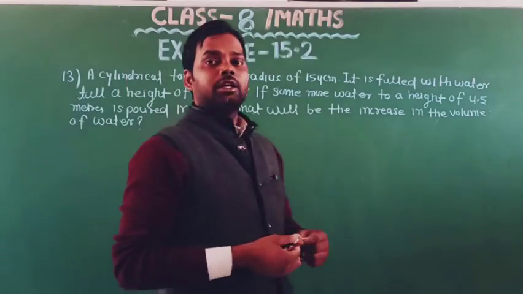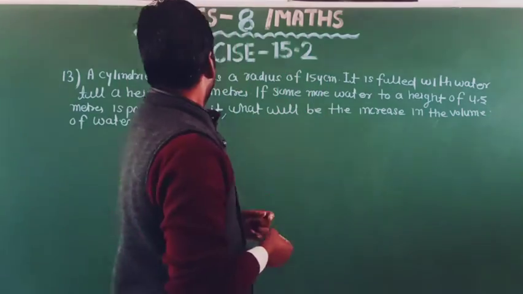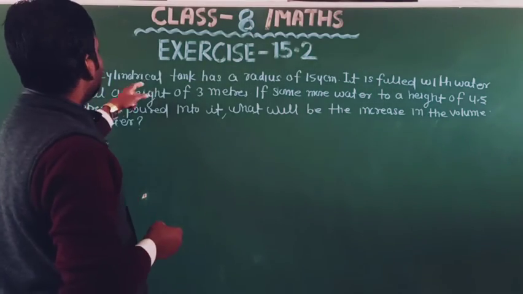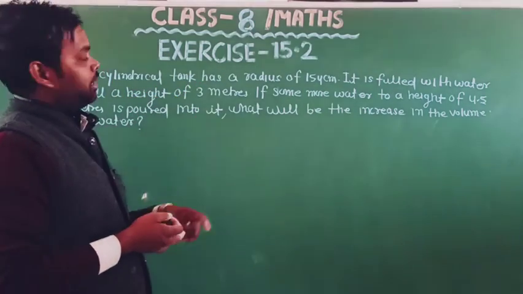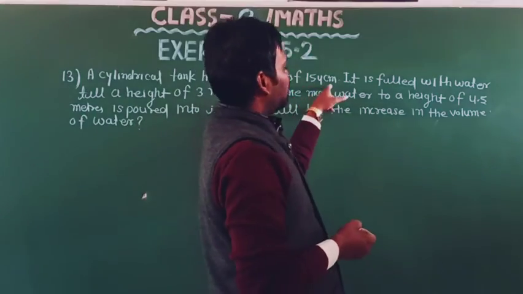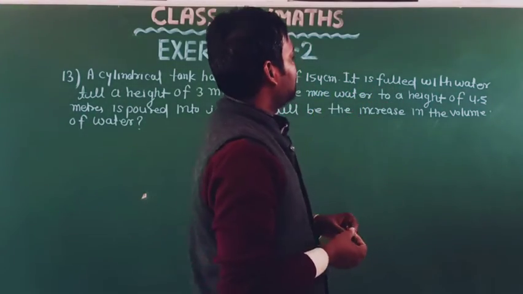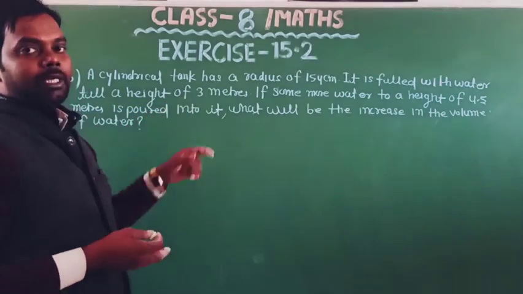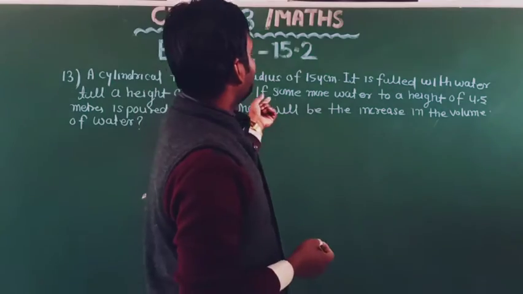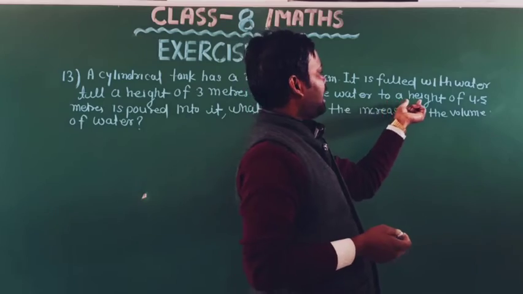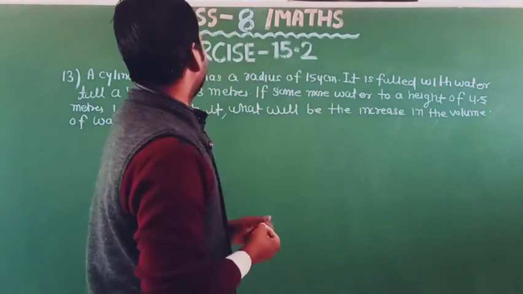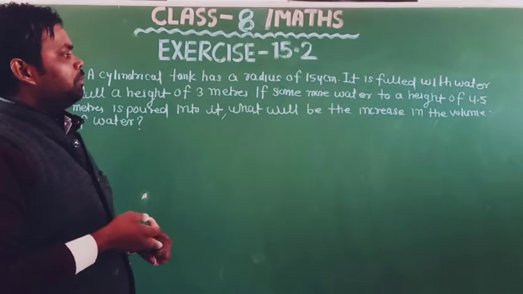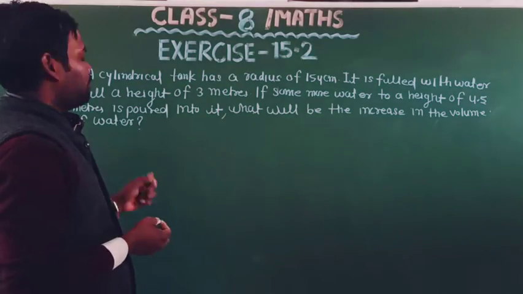Okay children, now move to question number 13. In this question it has been said that a cylindrical tank has a radius of 154 centimeter. It is filled with water till a height of 3 meter. If some more water to a height of 0.5 meter is poured into it, what will be the increase in the volume of water?